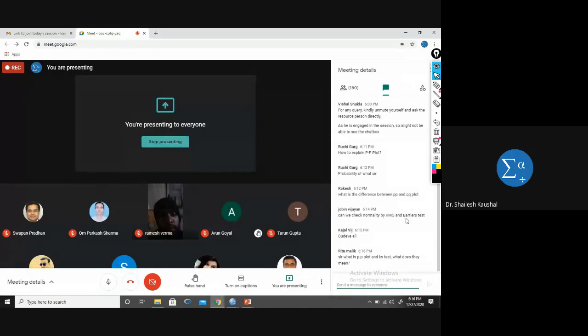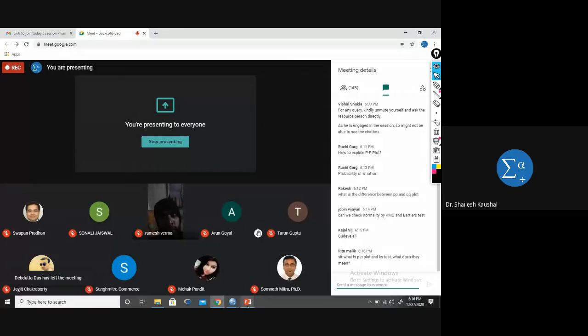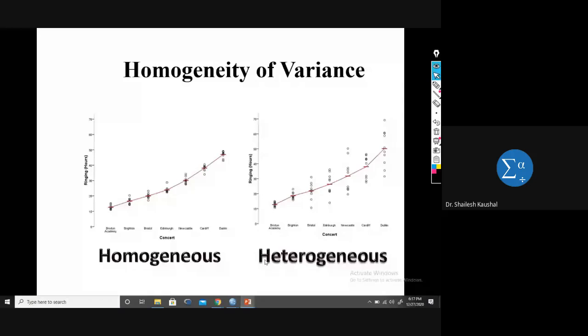KMO and Bartlett test, I did not mention here. I am just highlighting the homogeneity. What is homogeneity? Here we can see two graphs. One is homogeneous and another is heterogeneous.